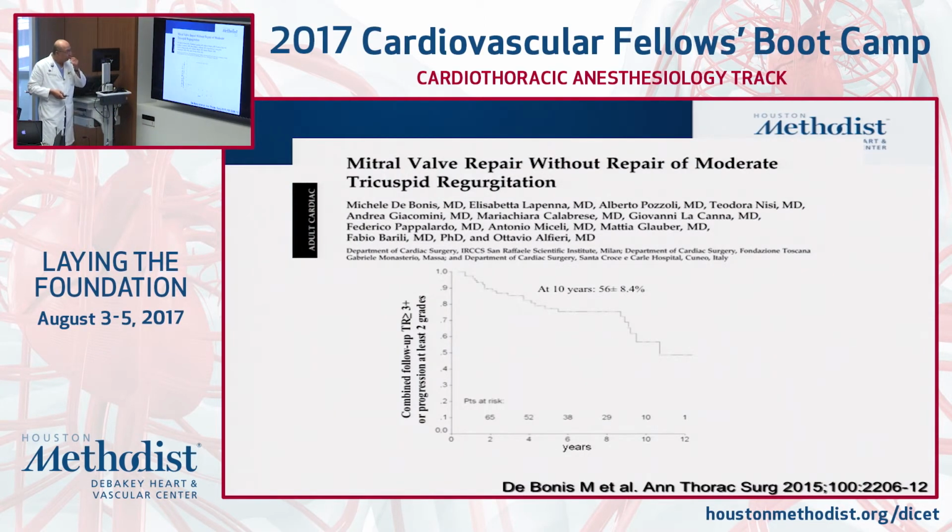If you do a mitral valve repair without repair of moderate tricuspid regurgitation, and you follow these patients out, you find that over time, 8-10 years, there's a progressive worsening of tricuspid regurgitation, and the number of patients with greater than 3+ TR increases over time.